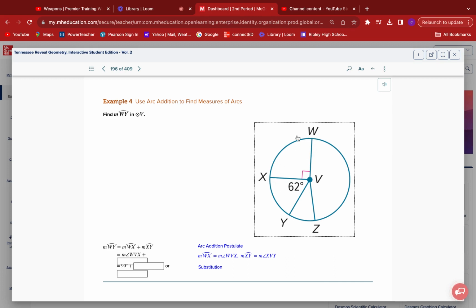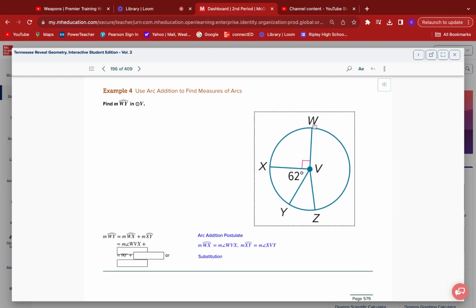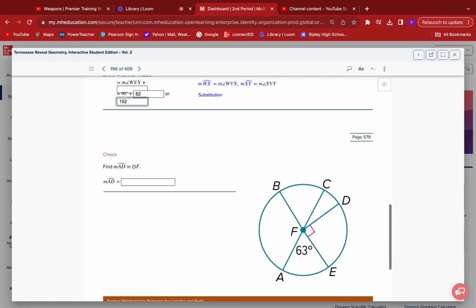So I'm looking at 90 for the box, that's WX, and then 62 for X to Y. Add that together and you get arc WXY. So 90 plus 62, everybody, is 152.